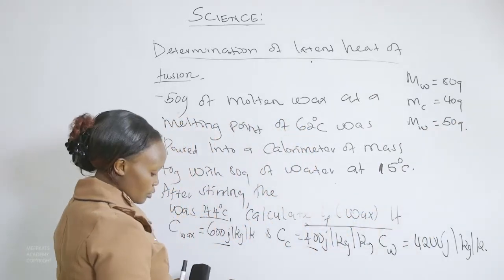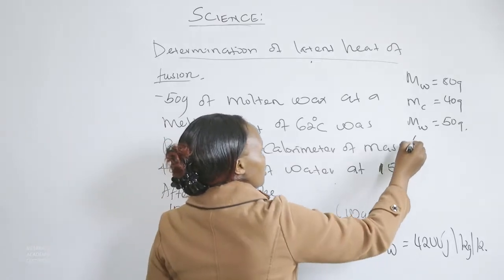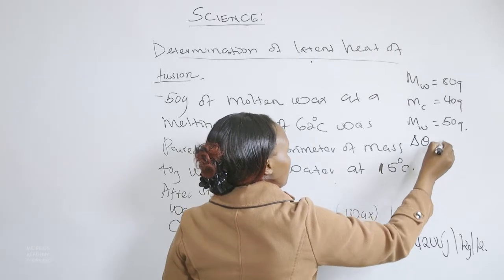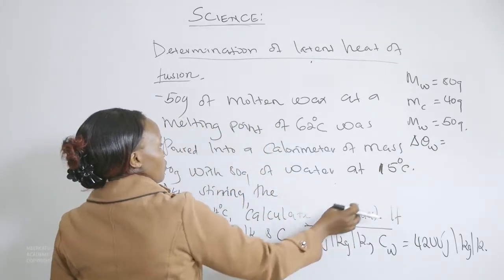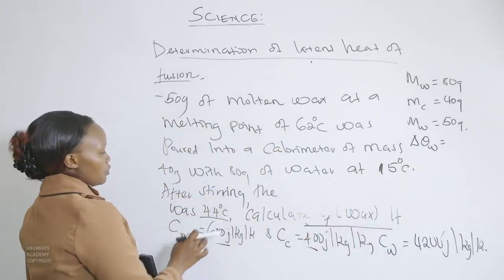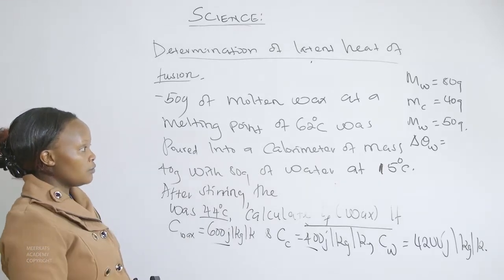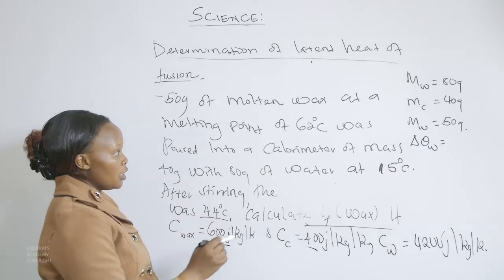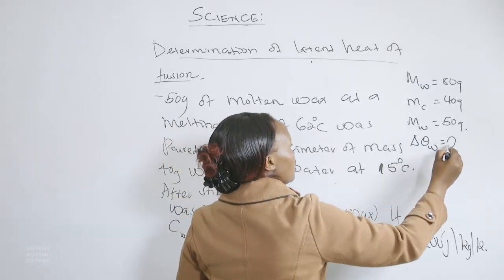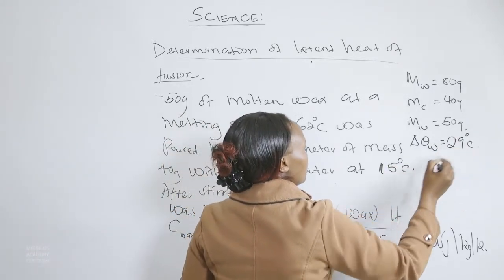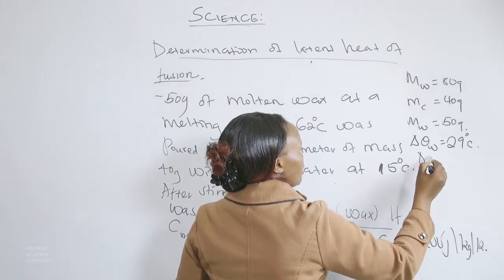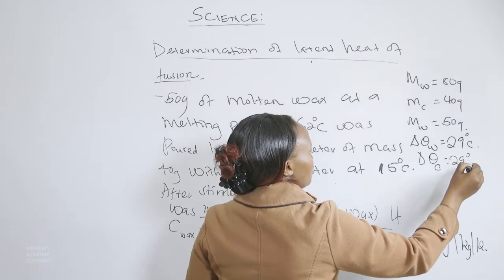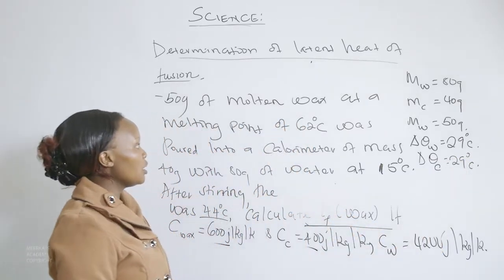Now, we could also compute the changes in temperatures for water. It changes from 15 to 44, a difference of around 29 degrees centigrade. Same case applies to the calorimeter, also changing by 29.